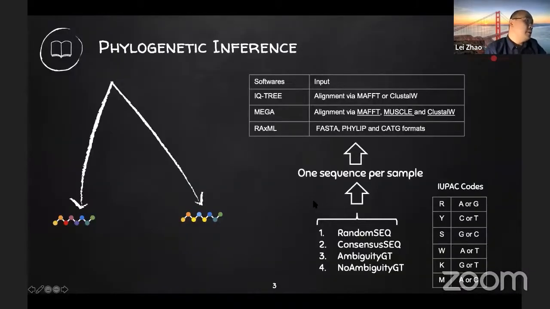Let's first look at several of the modern or common ways for people to construct a phylogeny. All of these methods require you to input some kind of very long sequence. We can call it the representative sequence of a sample.